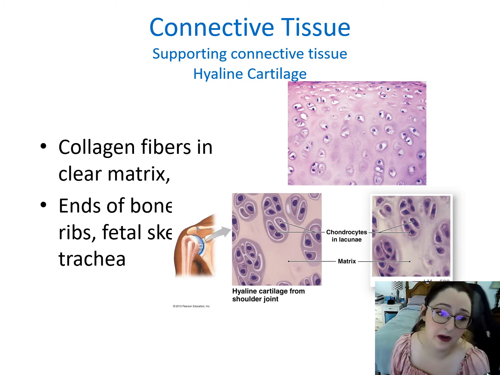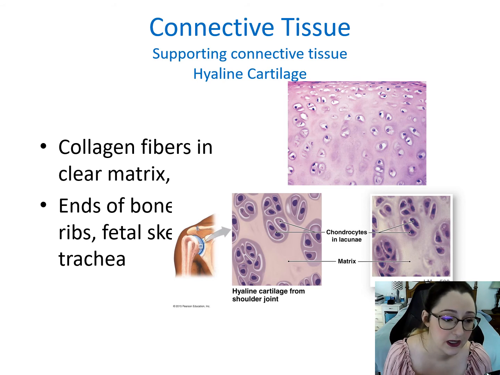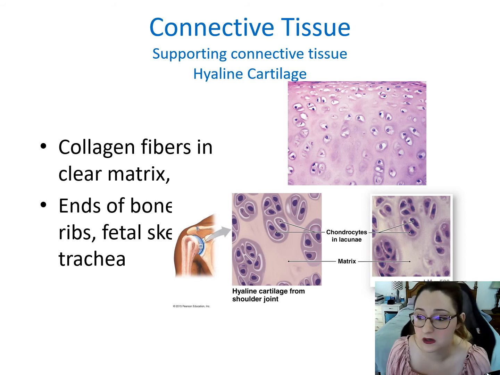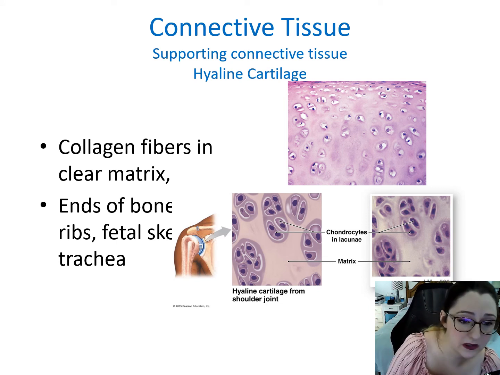So the first type of cartilage I want you to know is hyaline cartilage. This is going to be made up of collagen fibers in a clear matrix, and they're relatively spread apart. Now, these little white spaces that you can see up here are your lacunae.